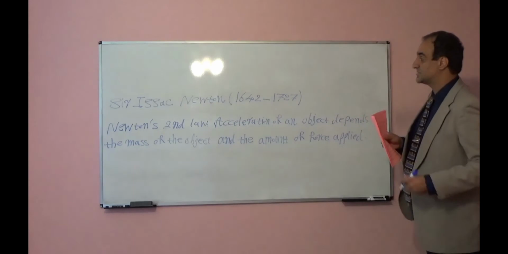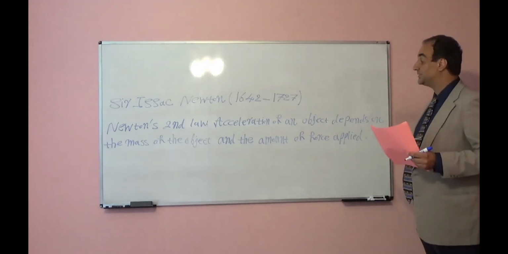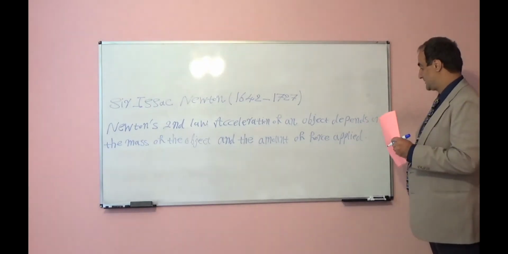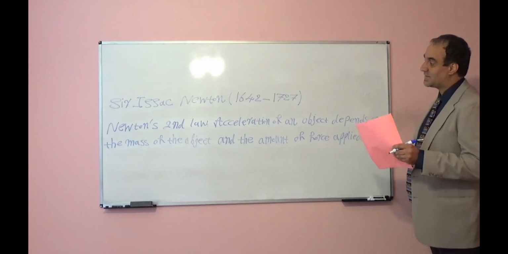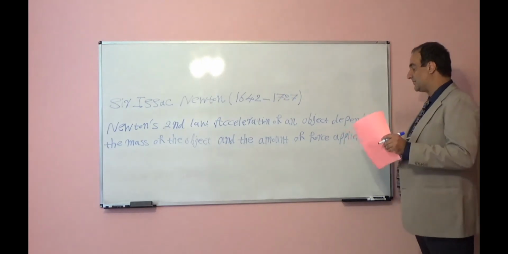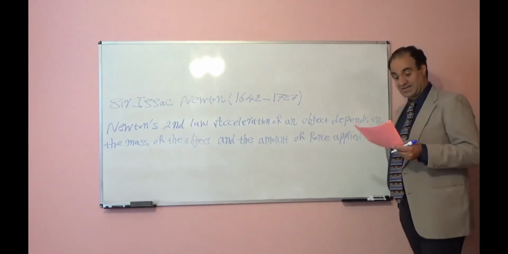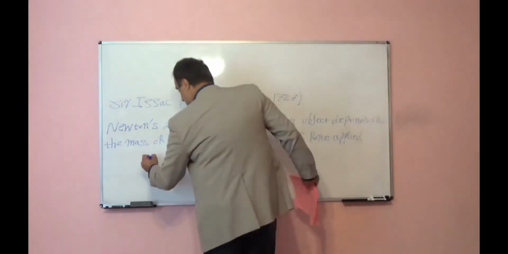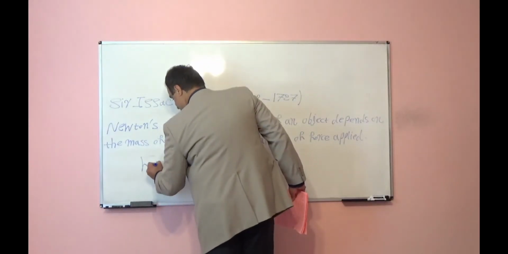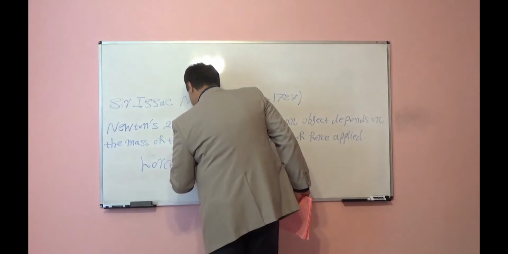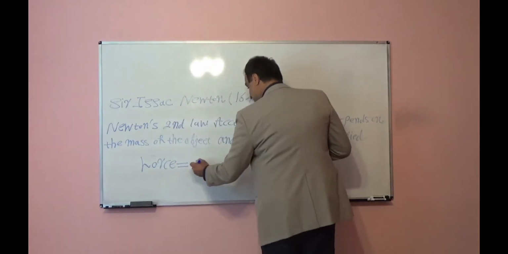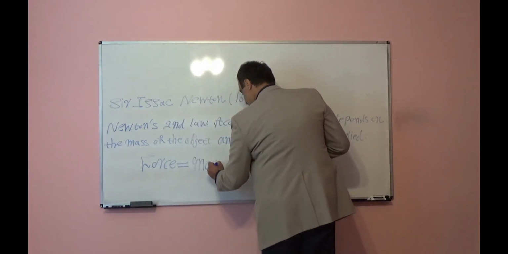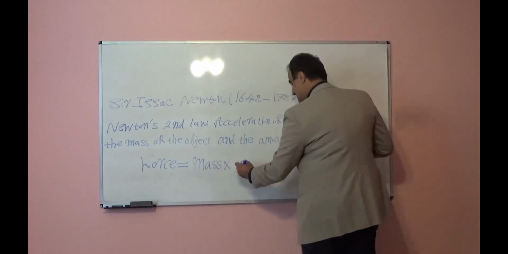So Newton's second law of motion: acceleration of an object depends on the mass of the object and the amount of force applied. It means force is equal to mass times acceleration.